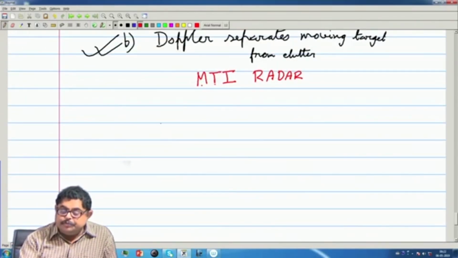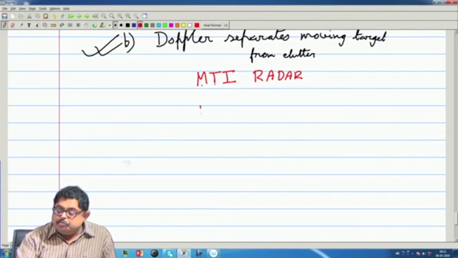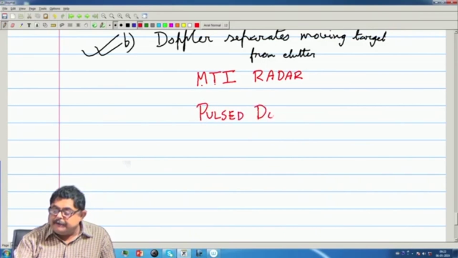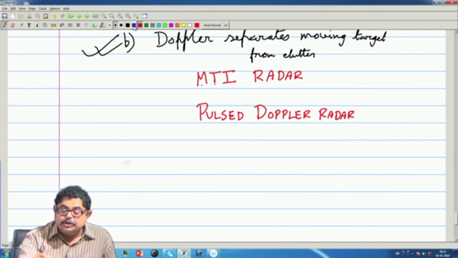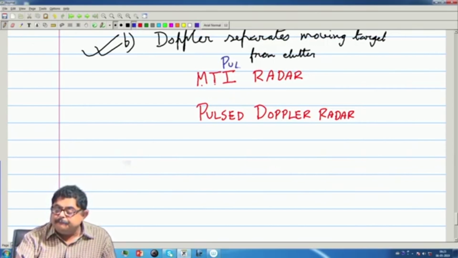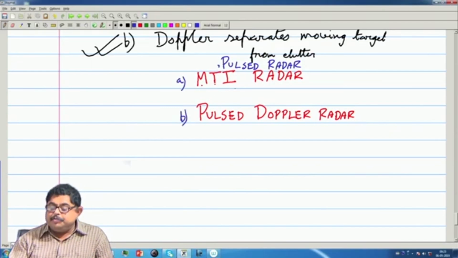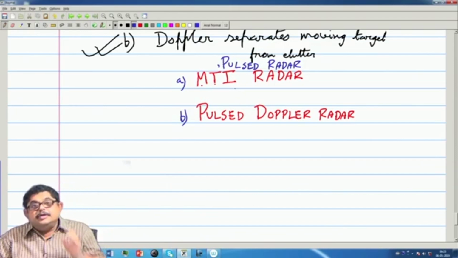One class is called MTI radar, another class is called pulse Doppler radar. Now, you should know the difference.